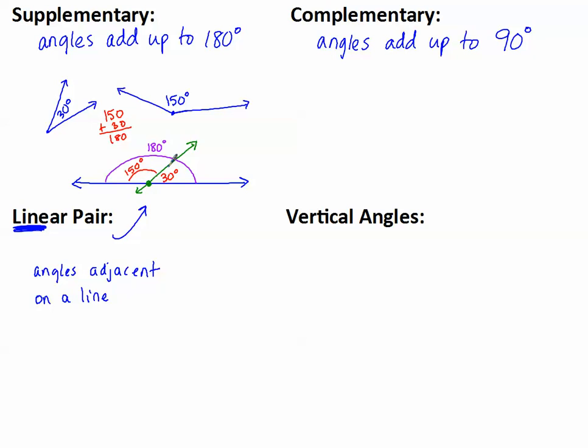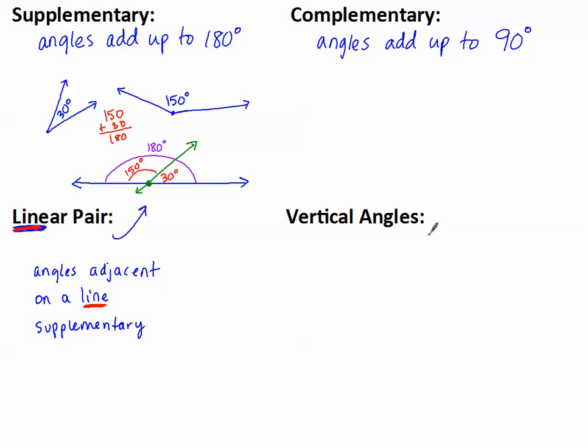They share a common side right there. They are also supplementary. But that's the main part of the word that you want to look at, the line right there, the linear pair. They're on a line. They create a line together. They're 180 degrees. They're supplementary.